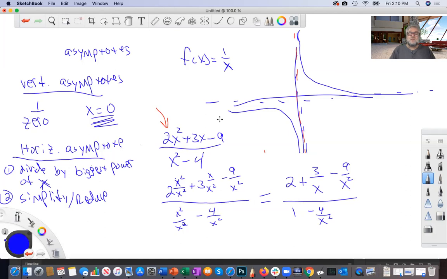Now, horizontal asymptotes, as you see up here, happen when we're going way out along the x-axis, when x is heading towards negative or positive infinity.